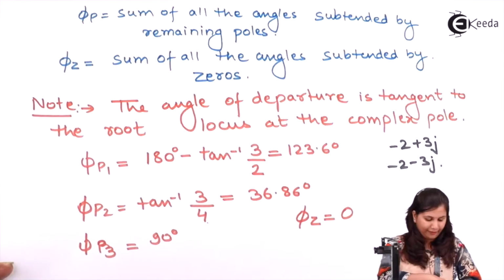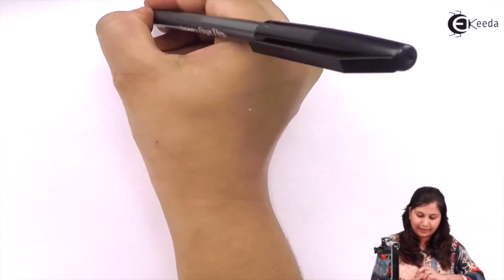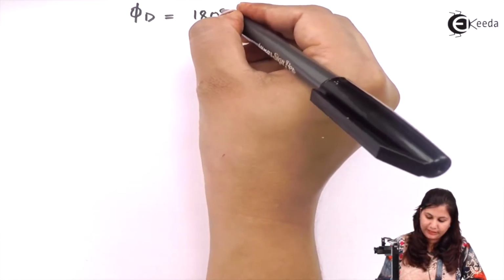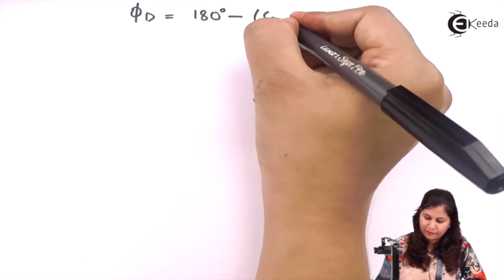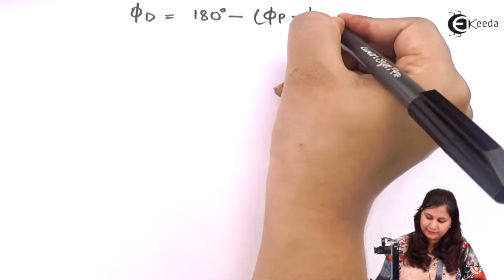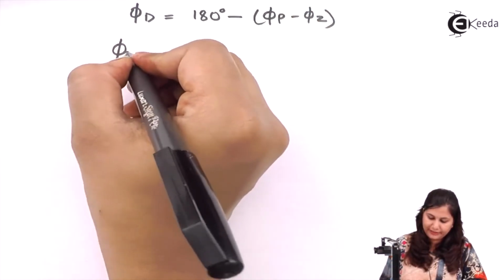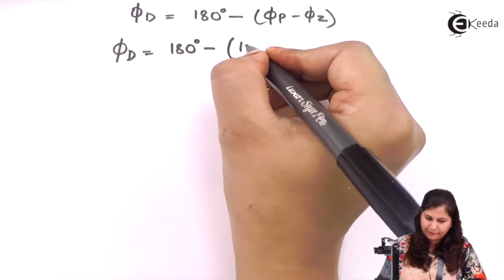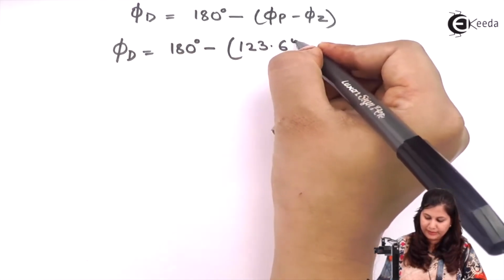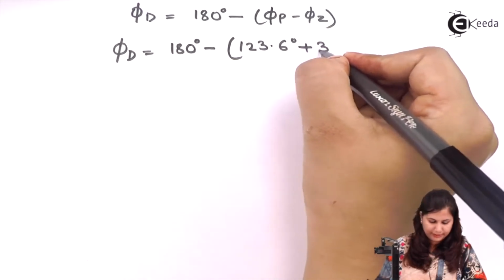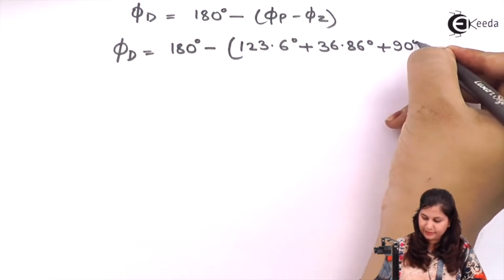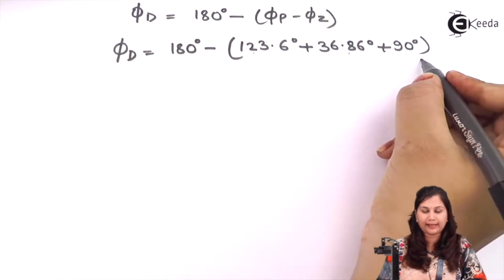So this phi d, that is the angle of departure, will come out to be 180 degrees minus phi p minus phi z. So phi d will be 180 degrees minus, we have the first angle as 123.6 degrees, then plus 36.86 degrees, and then 90 degrees. These are the 3 angles.